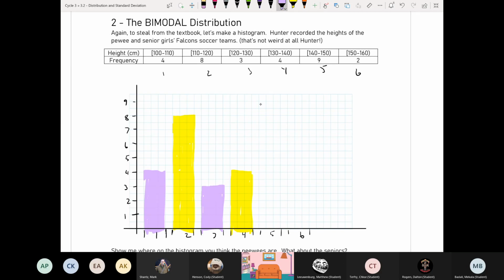Okay, so this one's a big one. Goes all the way up to here. And the last one was 2.